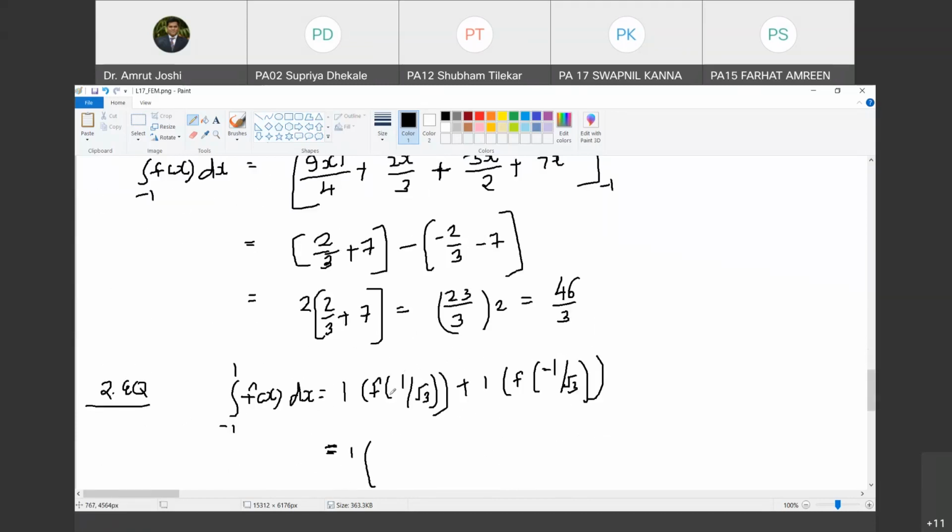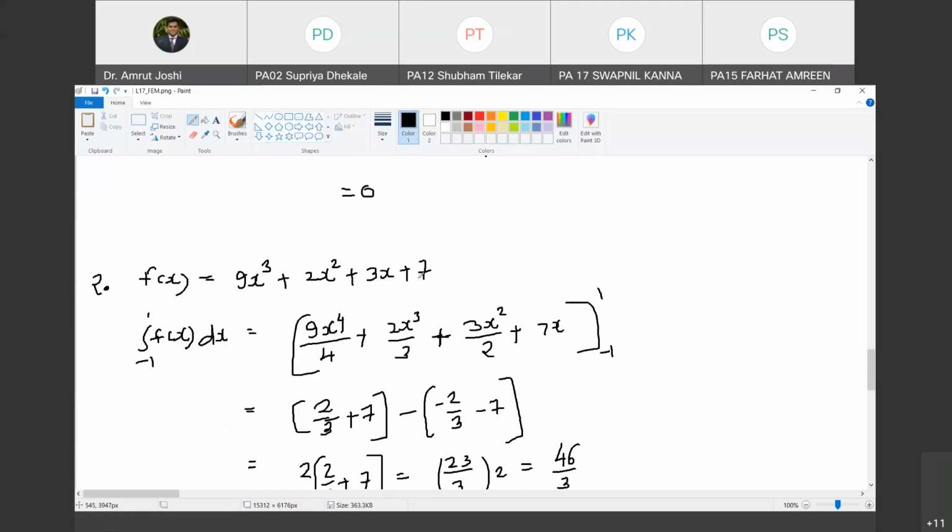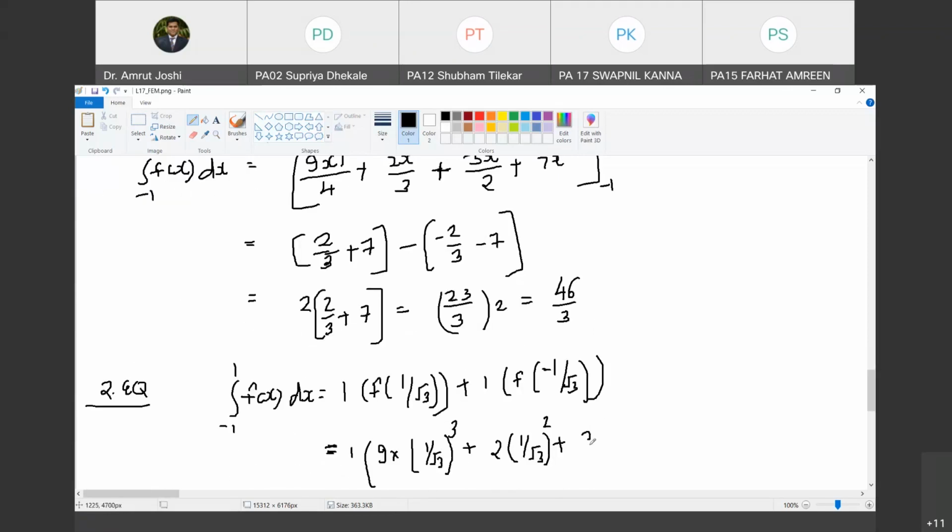So 1 multiplied by f of 1 by root 3. I have to substitute 1 by root 3 here. So what do I do? 9 into 1 by root 3 cube, plus 2 into 1 by root 3 square, plus 3 into 1 by root 3, plus 7.